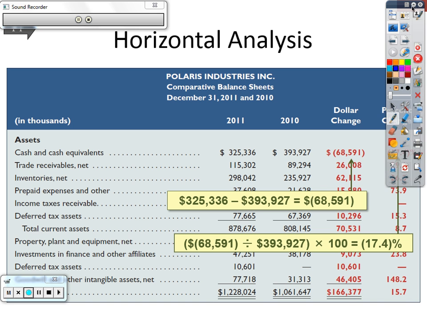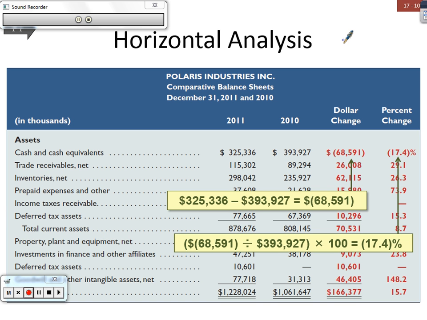Analysis period, subtracting what? Base period. Subtracting base. So we got 325,336 minus 393,927, which gives us a balance of 68,591, right? And then we want to take.